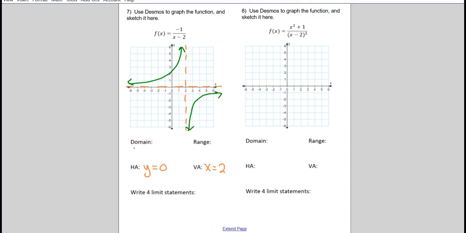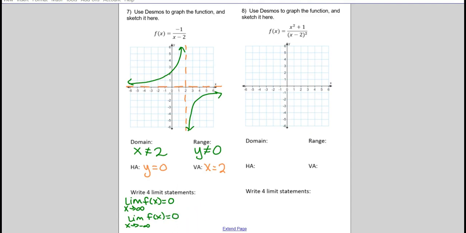So for the domain, it's going through all x values except for 2. And for the range, it's going through all y values except for 0. And then you can write some limits, like the limit as x approaches infinity of f of x is 0. The limit as x approaches negative infinity of f of x is 0.